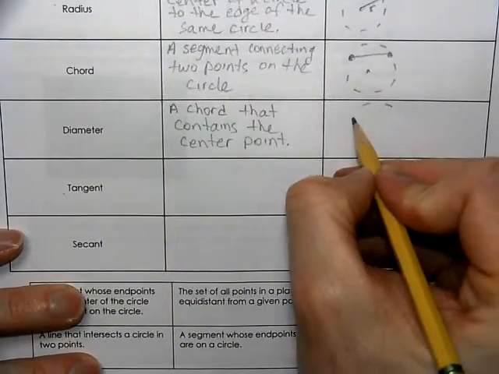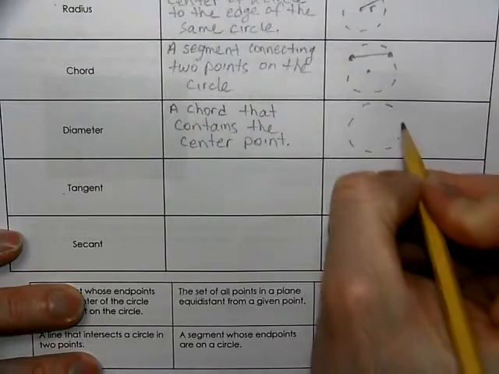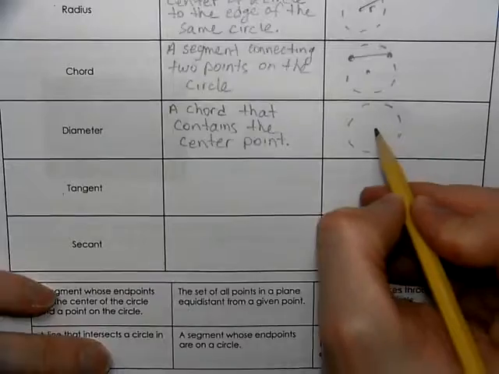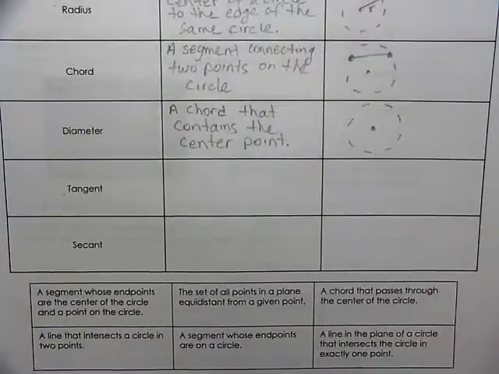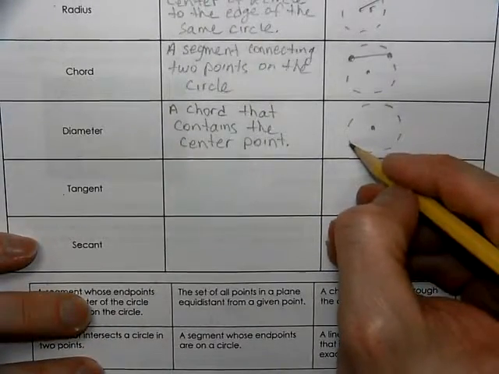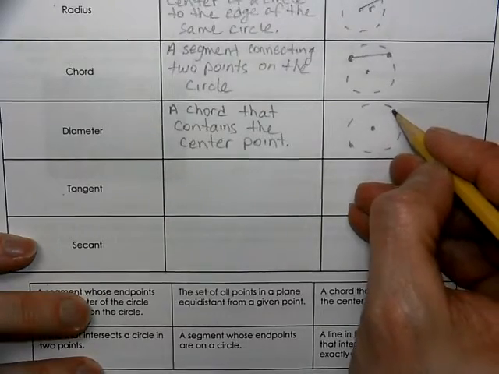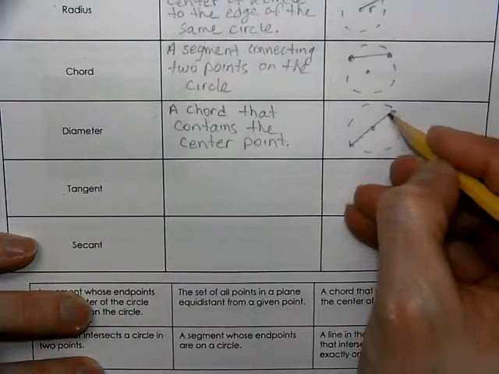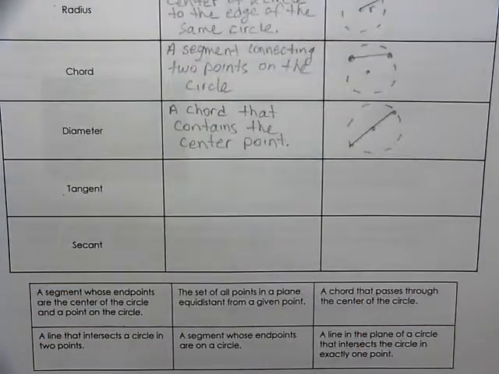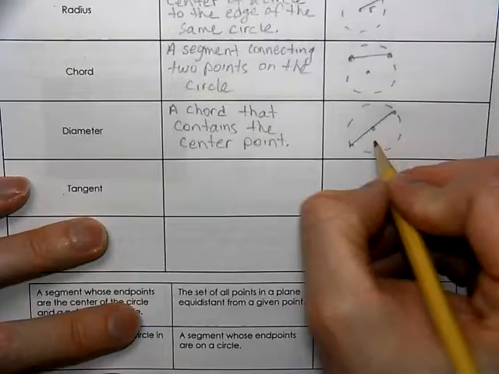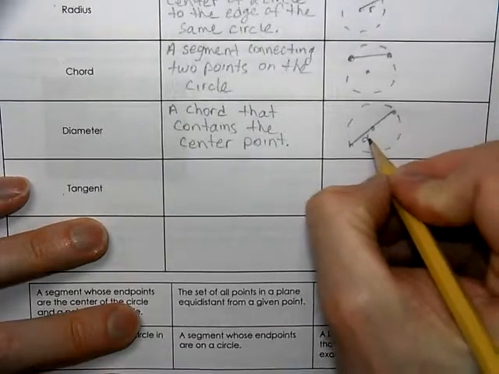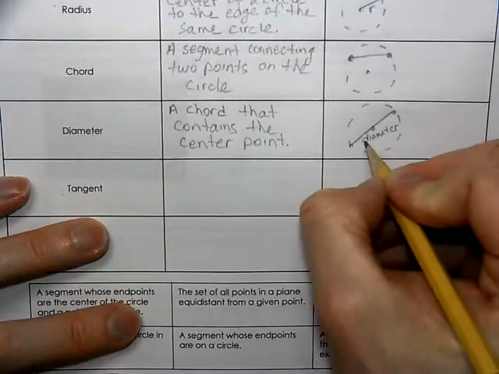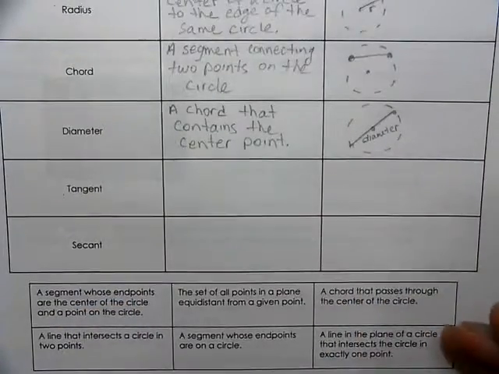So if you have a circle, not the important part, so I'm going to make it dashed, we have a center point, and this chord is going to go across our circle, but it's going to include the center point. So that's going to be the diameter. The diameter is 2 radiuses.